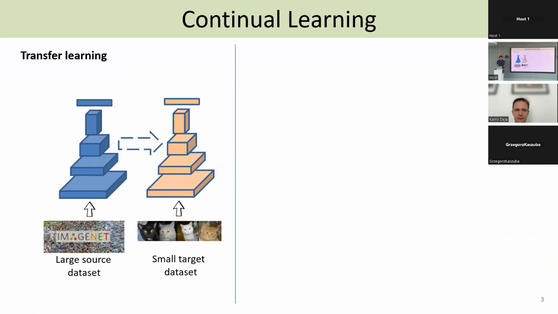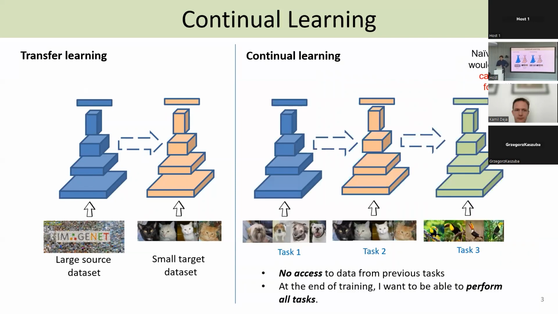So just quickly, some related fields. Transfer learning we all know about: you train a model on a large data set and you apply it to a small data set. In transfer learning, you don't care anymore about your source data set after adapting to the target data set. You just want to be good on the target data. In continual learning, you have a sequence of tasks, here for example of learning dogs, then cats and birds.